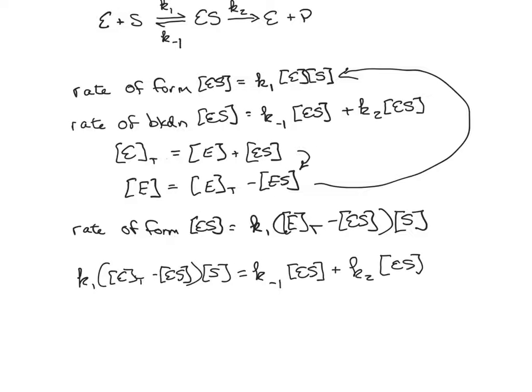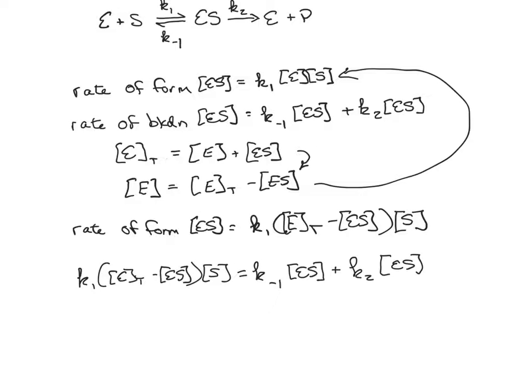So I'm looking for an equation that says enzyme substrate complex concentration equals something. And once I get there, from there I'll be able to determine my rate of reaction in terms of things that I know.